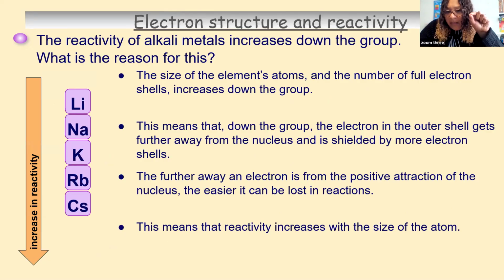Remember, our protons are positive and our electrons are negative, and those forces attract each other. If that electron is getting further and further away from our positive protons, then it's much easier to lose that electron because the forces are weaker. So reactivity increases with the size of the atom, because that outer electron is further away from the nucleus. Stuff to remember.